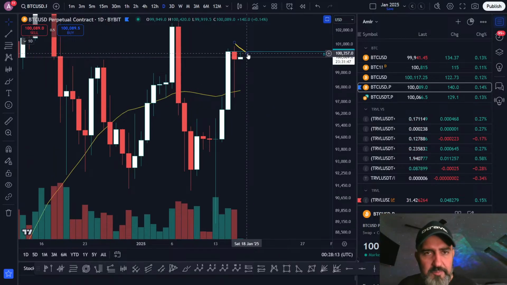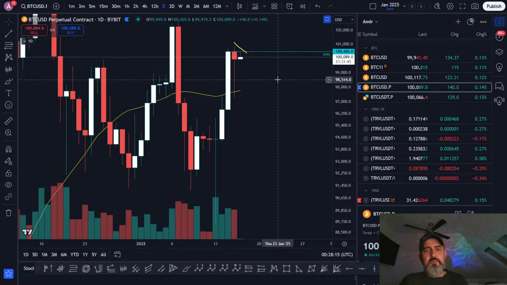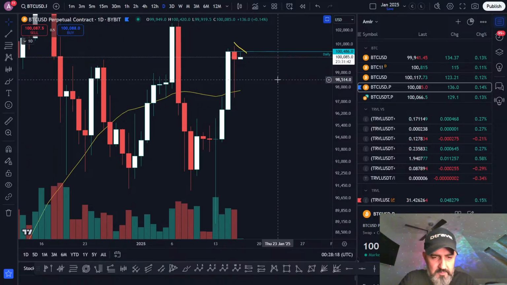Daily level, there you go. That was a big short, huh? Someone just shorted. I wanted to short.